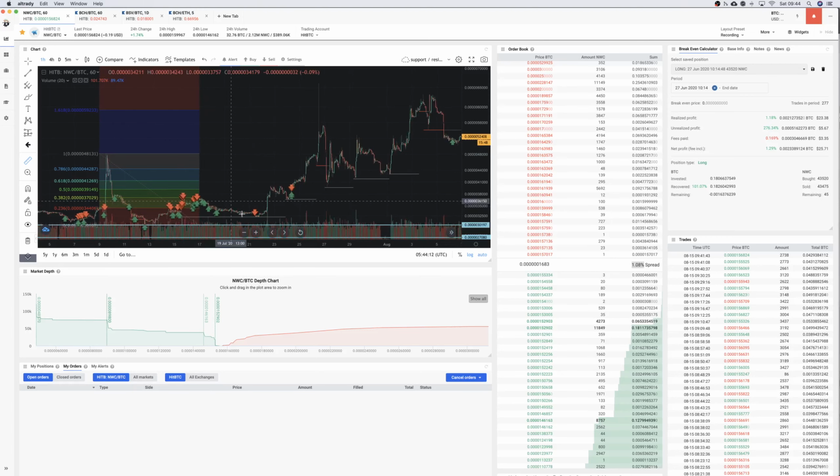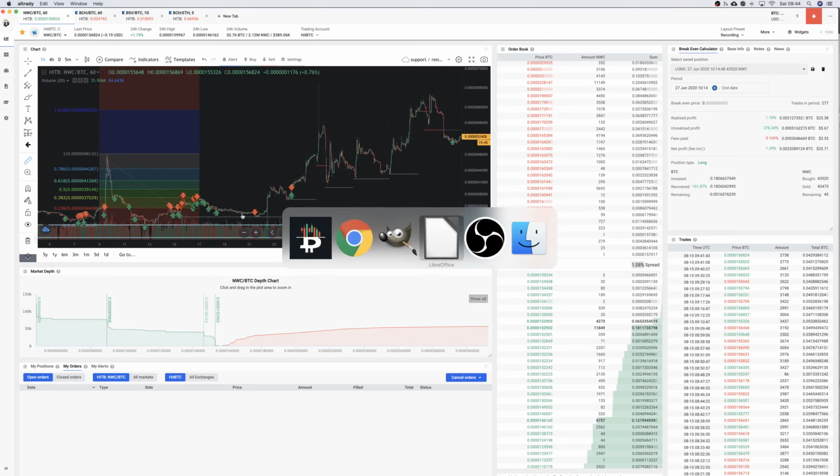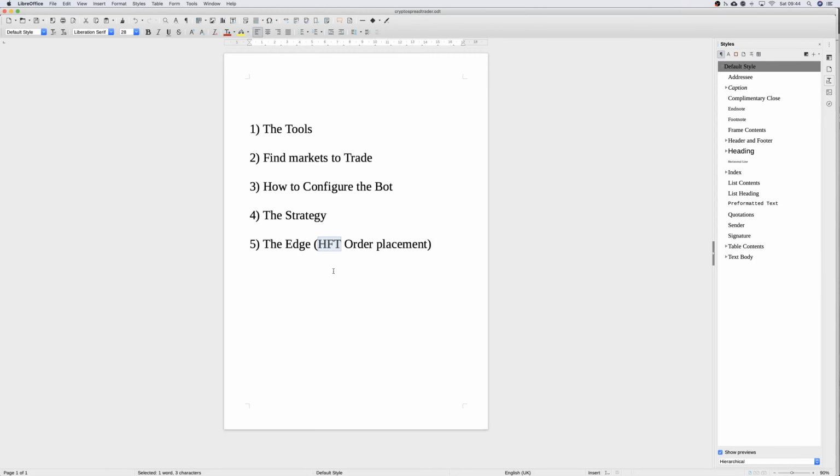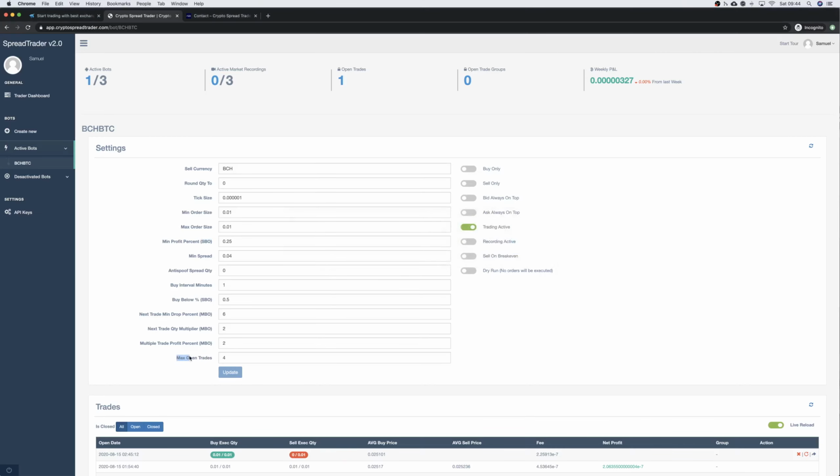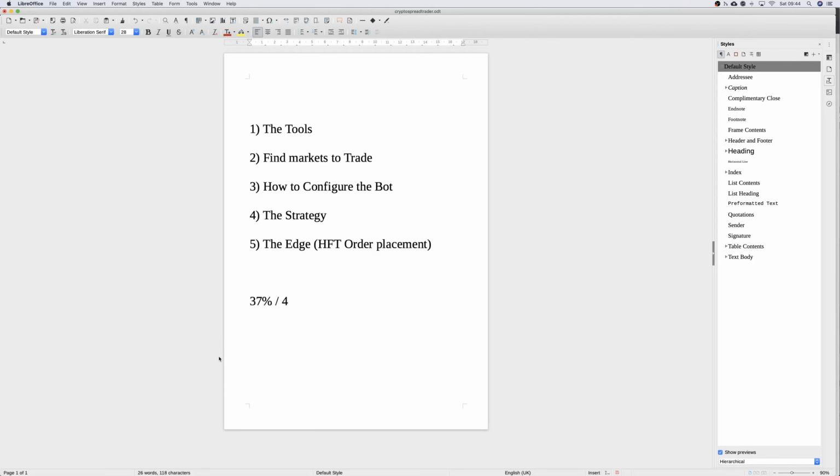And I'm going to take this 37% and divide it by 4. Why do I divide it by 4? I'm going to write it here. So 37%, and I divide by 4 simply because I want my maximum open trades to be 4. So I will not be able to buy more than 4 times. So I want these 4 times to cover the complete layer.